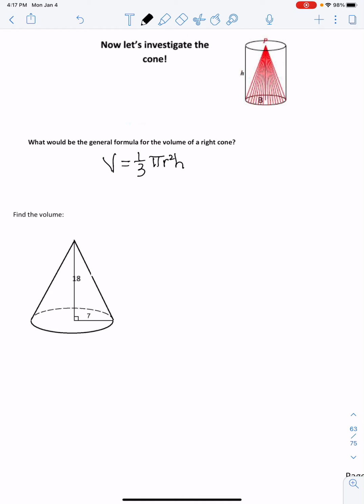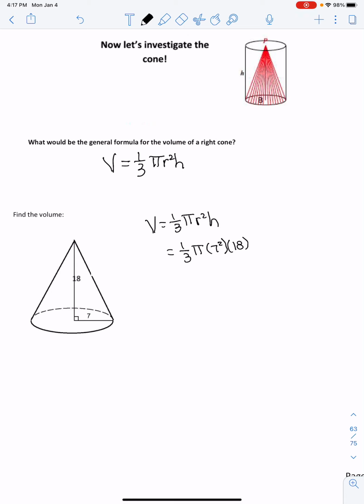So to find the volume of our cone right here, I have 1/3 pi. My radius is 7, so it's 7 squared. My height is 18, so we multiply that by 18.